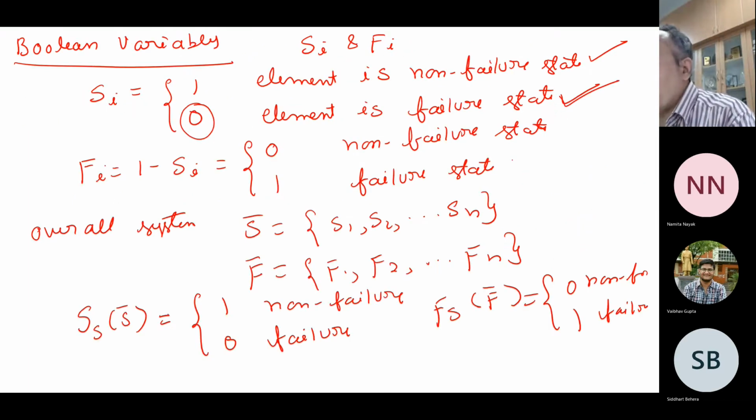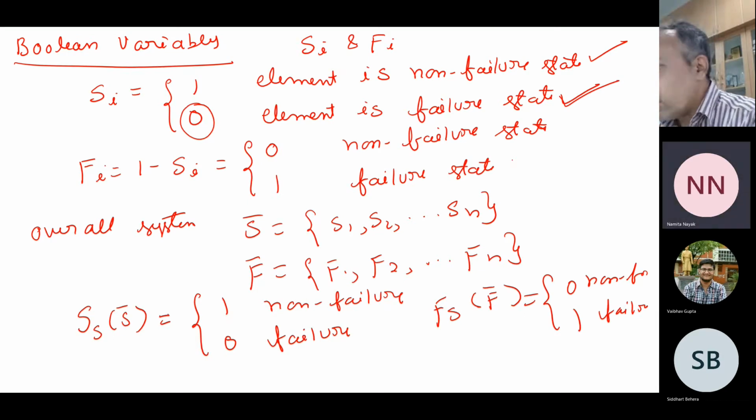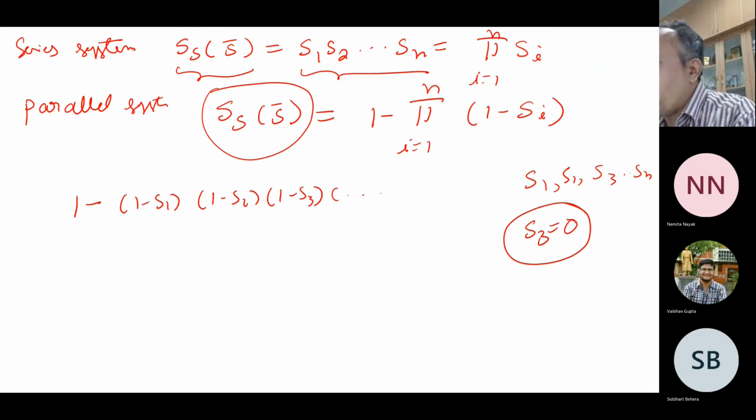The value of S3 in failure is 0. So in this expression we get 1 minus 0, which is 1. The other terms, 1 minus S1, 1 minus S2, will still be there, and this component becomes simply 1 itself actually.